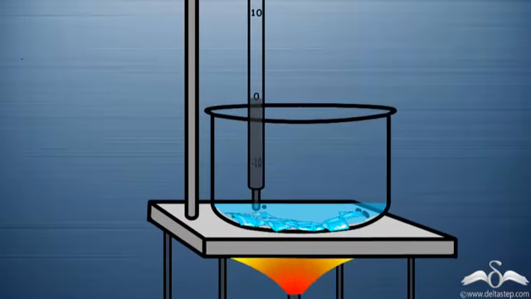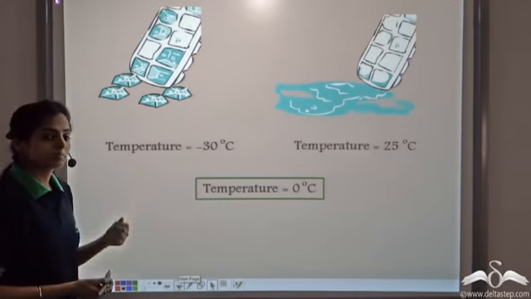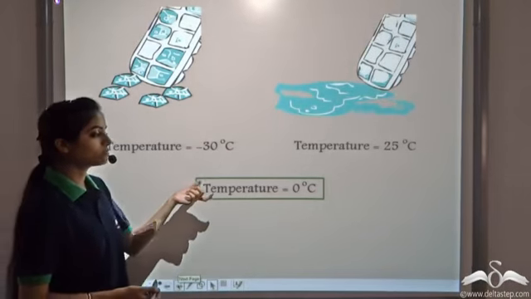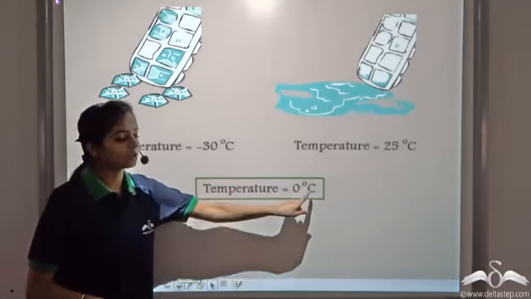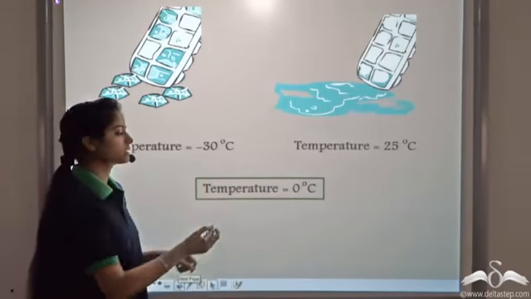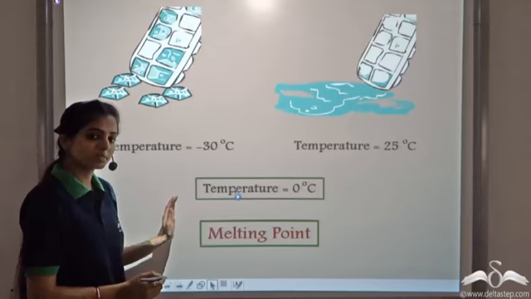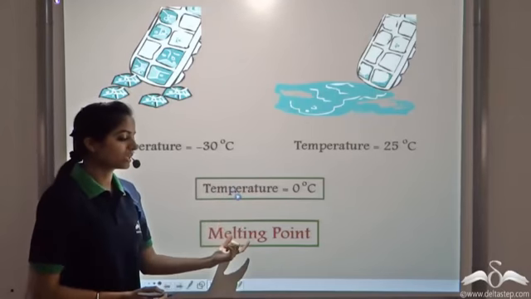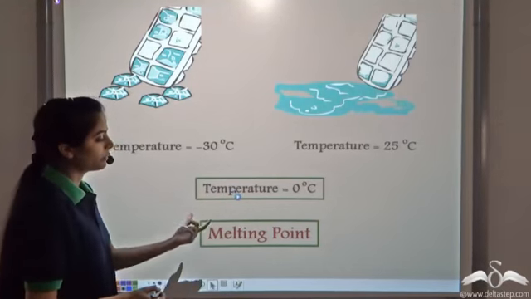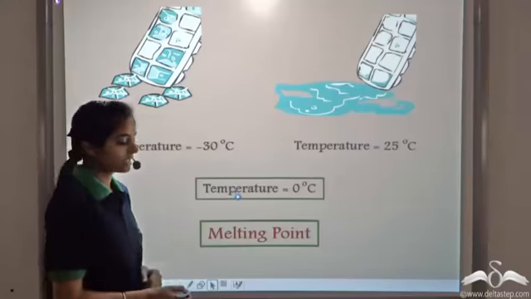At 0 degrees Celsius, the entire ice changes into water. So from the experiment, we saw that the ice melted to form water at 0 degrees Celsius. And this temperature at which ice melts to form water is known as the melting point of ice. So the melting point of ice is 0 degrees Celsius.